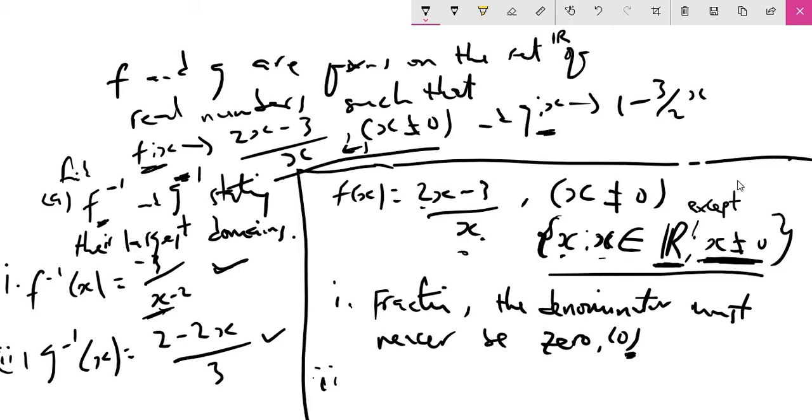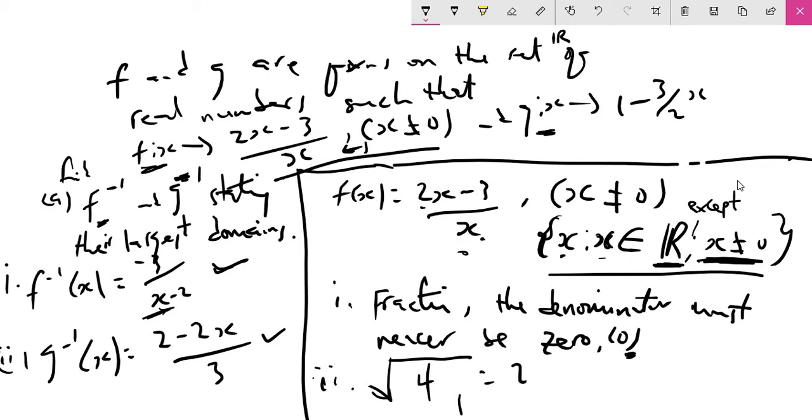The second thing to consider is when there's a square root, not just square root, any even root. It could be the square root, the 4th root, 6th root, 8th root, and so on and so forth. Why is that? I'll tell you in a second. So let's say you have root 4. This gives 2, no problems.